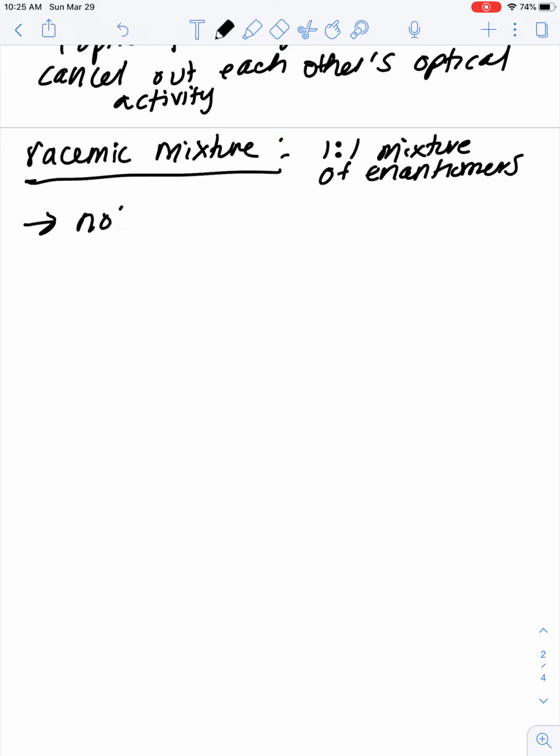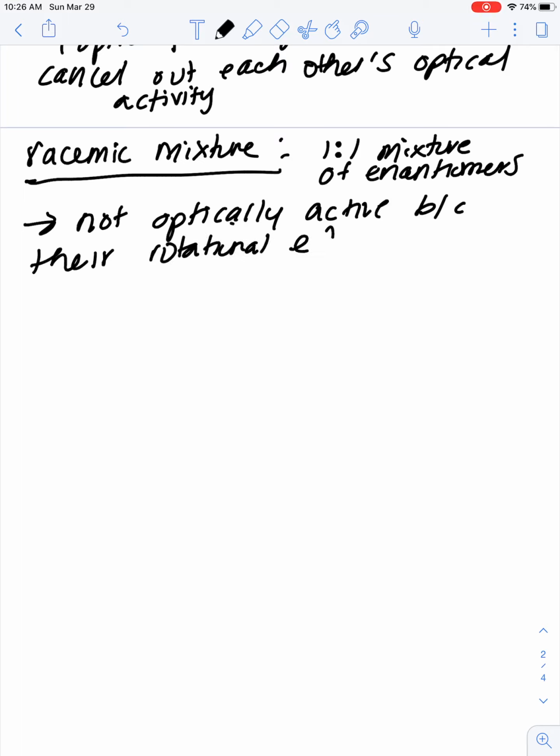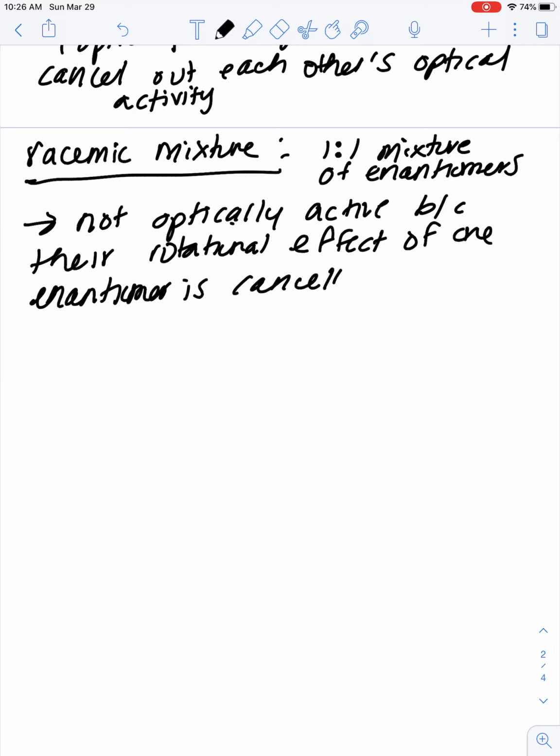So racemic mixtures are not optically active because the rotational effect of one enantiomer is canceled out by the other enantiomer.